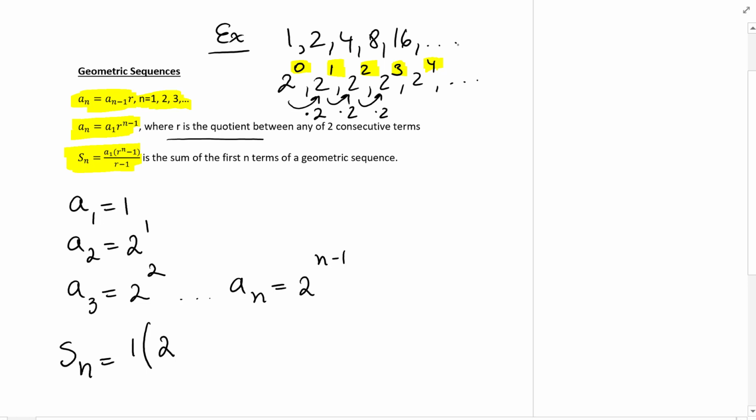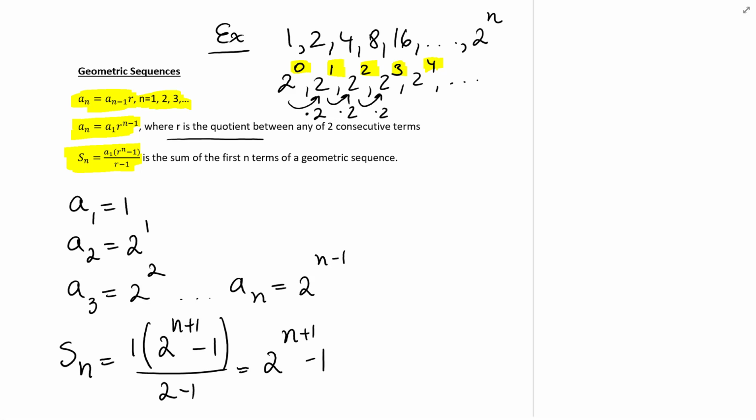So if I go all the way to 2 to the n, for example, then the number of terms from 1 to 2 to the n would be n plus 1, minus 1 over 2 minus 1, or in another case 2 to n plus 1 minus 1.